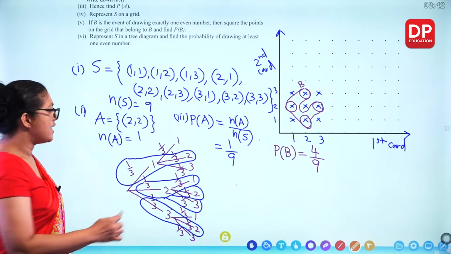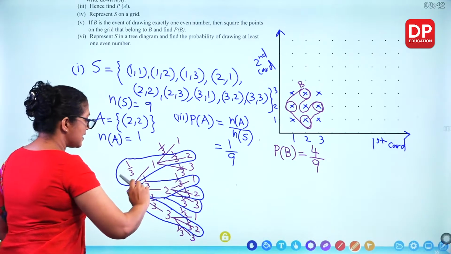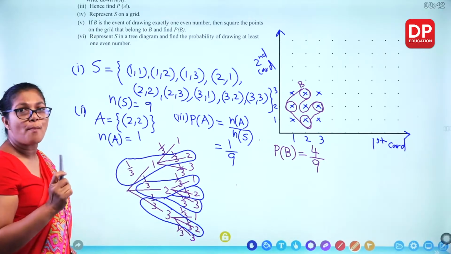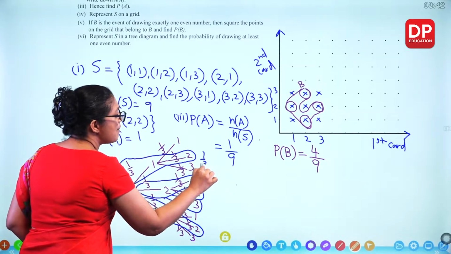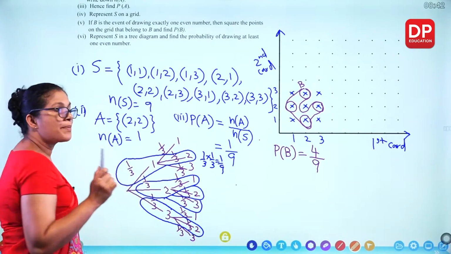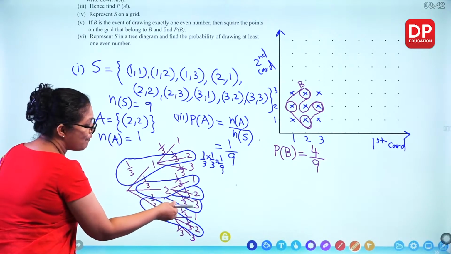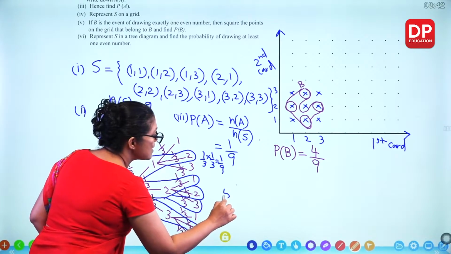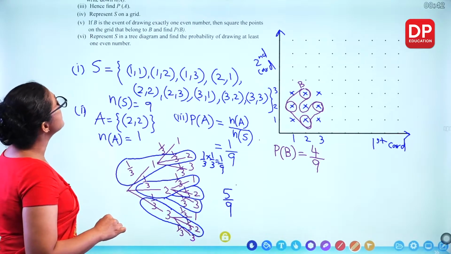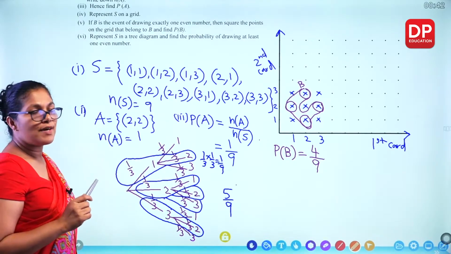So you have to add all these together. When you take one branch, you multiply the probabilities. 1/3 multiplied by 1/3 is 1 over 9. So one branch represents 1 over 9. How many branches are there? 1, 2, 3, 4, 5. So the answer is 5 over 9. That's the probability of drawing at least one even number.